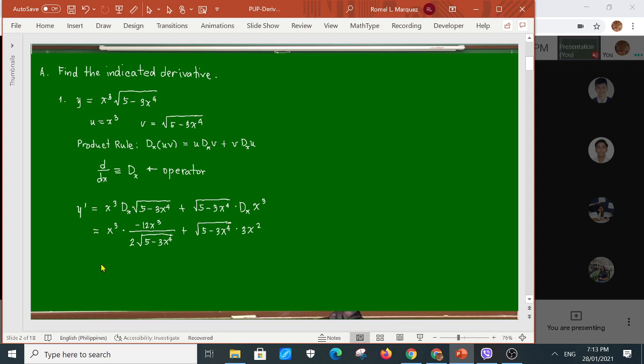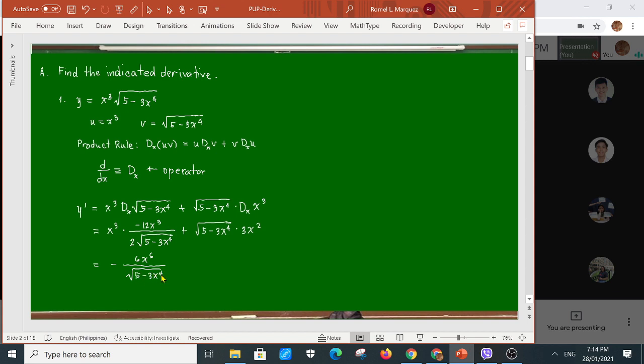Okay guys, well, let's simplify. This is negative 12 divided by 2 is 6, no? So negative 6x cubed times x cubed, that is negative 6x to the 6, over the radical, square root of 5 minus 3x to the 4th.